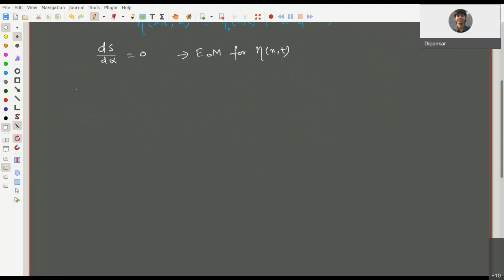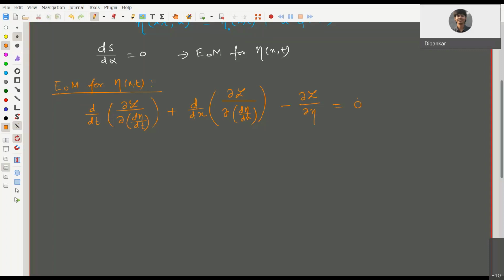The equation of motion for eta of x, t, the final result, will be d dt of del L over del of d eta dt, which is basically eta dot, plus d dx of del L over del of d eta dx, minus del L over del eta equals 0.